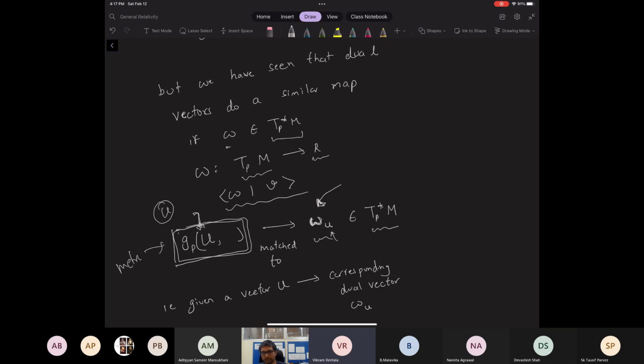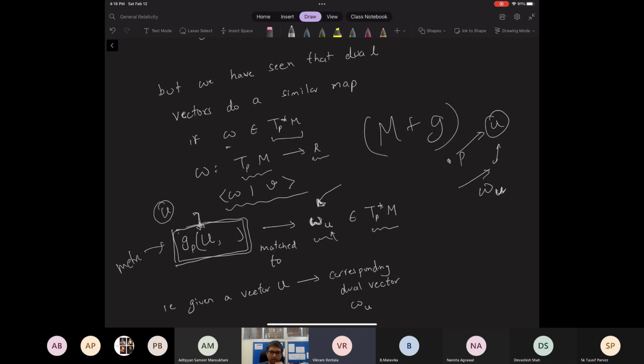So given that the manifold now has a metric, and we're considering a specific point P on the manifold, if you specify a vector U at this point, I can also construct for you a dual vector omega_U. That is what a metric does. It allows you to map vectors to corresponding dual vectors.